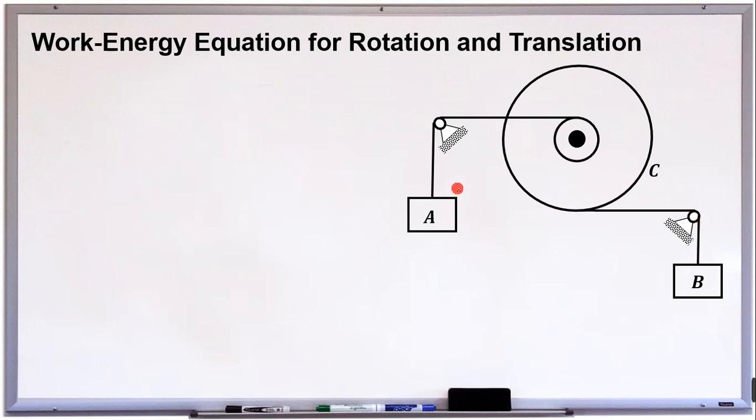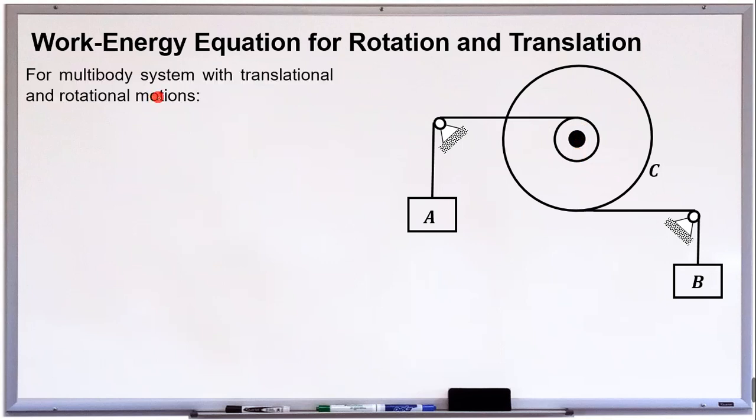If we analyze the system, the movement of A is translational because it only moves in the vertical direction, and the same goes with block B. The motion of this block is also translational because it only moves in the vertical direction. For our cylinder C, the type of motion that exists for this object is only rotational. It only rotates with respect to its center.